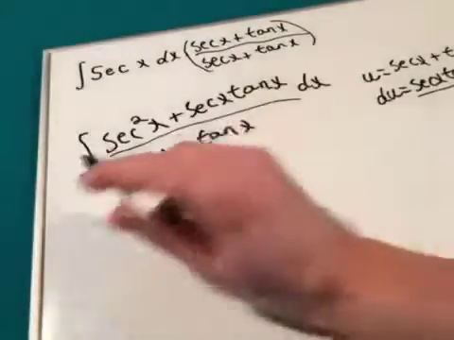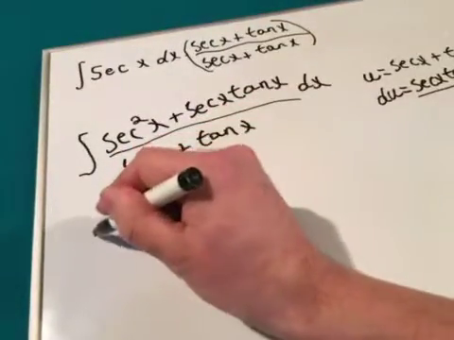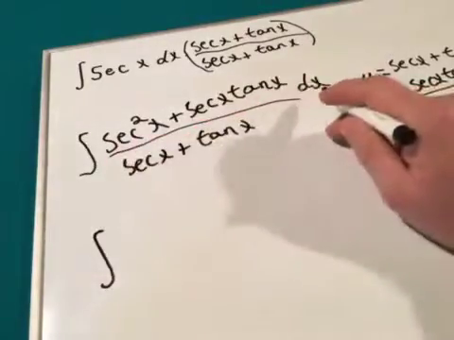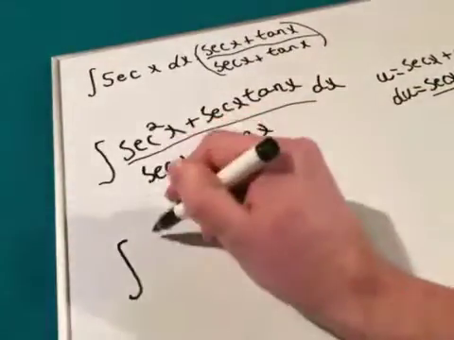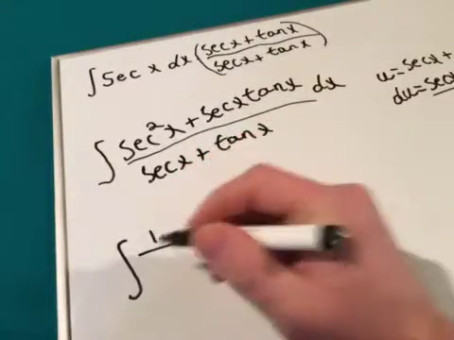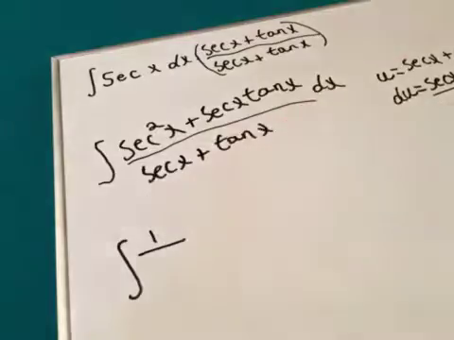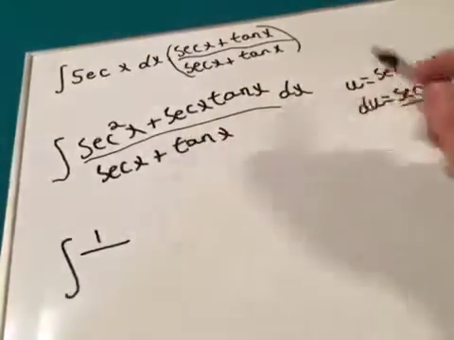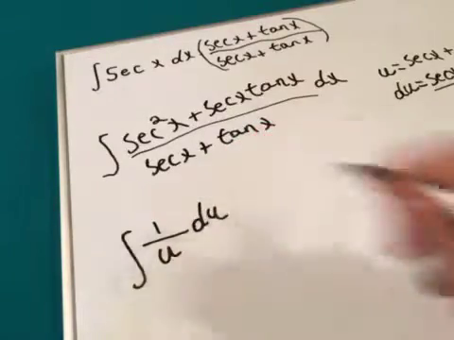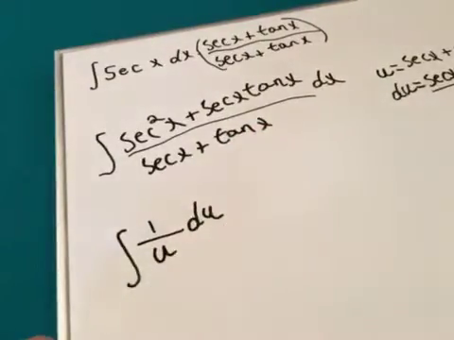So if we can take this integral and write this whole top part as just du, or write a 1 times du, over this bottom, secant x plus tangent x, which we called u, well, it's just du over u.